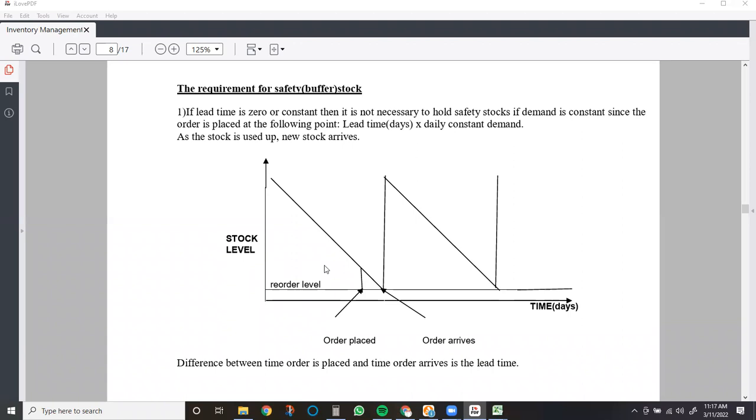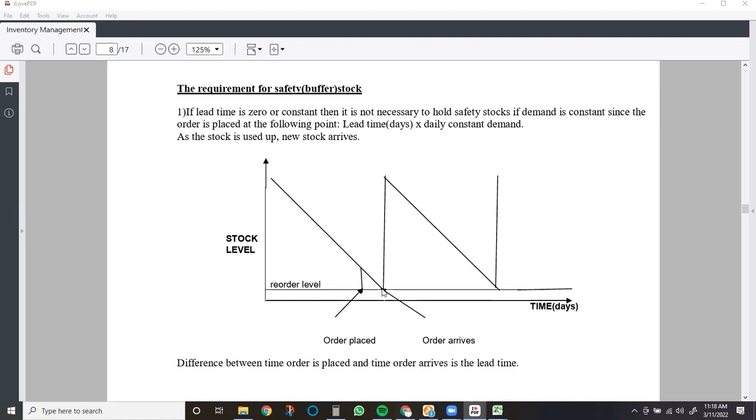So this here is say 600. Sorry, this here, okay, the reorder level. And at this level, okay, and then goods arrive, the order arrives, and the difference here represents the lead time.